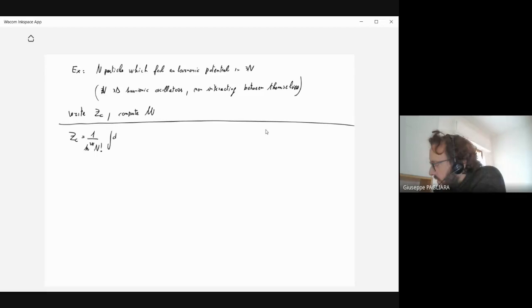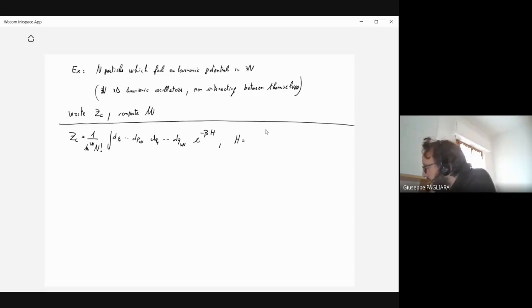Then there is the usual integral dp_1 to dp_3n, dq_1 to dq_3n of e to the minus beta H, where H in this case is a little bit different, and it is the sum over i from 1 to 3n of a kinetic part, which will be a times p_i squared, plus the harmonic part, which is b q_i squared, where a is just 1 divided by 2m, and b characterizes this harmonic potential, so it's the elastic constant or something like that, okay?